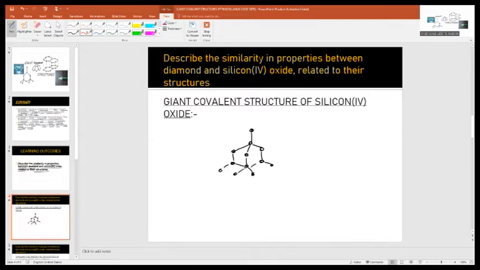Now what you have to do is simply place an oxygen atom between two silicon atoms. So this is an oxygen atom.